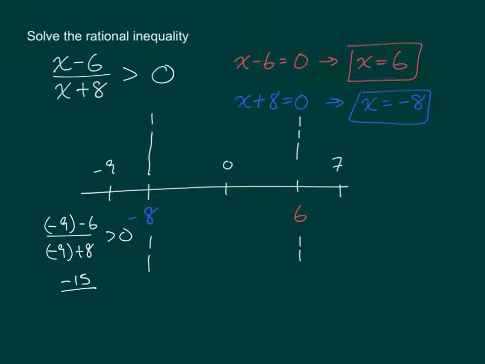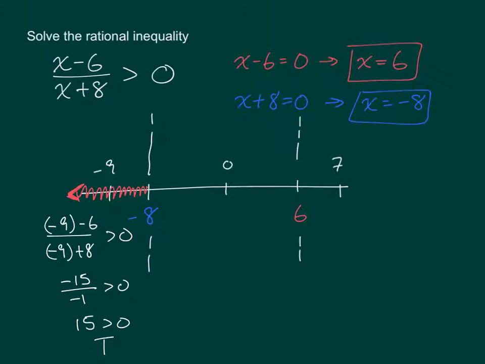In the denominator, negative 9 plus 8 is negative 1. Negative 15 over negative 1 is bigger than 0, which simplifies to 15 is bigger than 0. That's true. So to the left of negative 8, I will shade. And that goes on forever to the left.